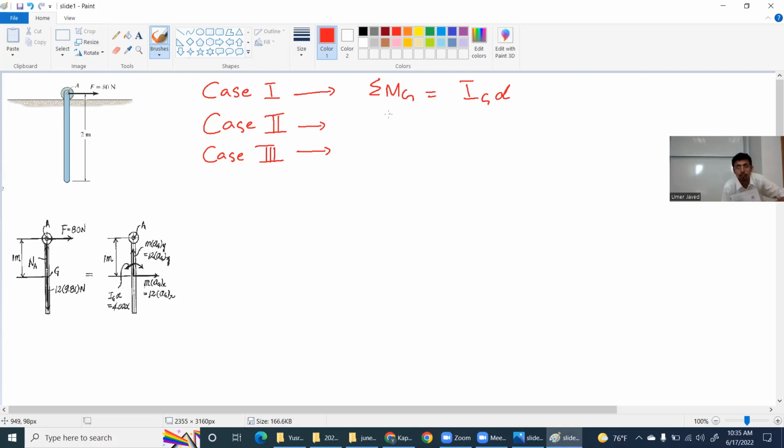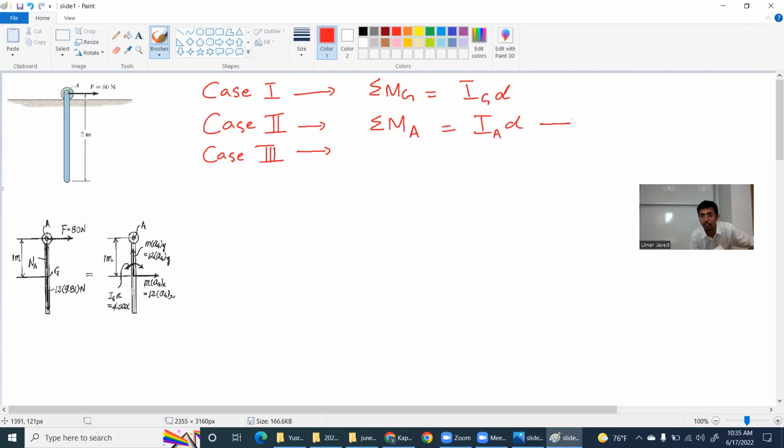Then there is another way of handling that. We talk about summation of moment about a point of rotation is equal to IA alpha. Now remember that usually, not usually, in fact always, this is a fixed point of rotation or fixed axis of rotation.